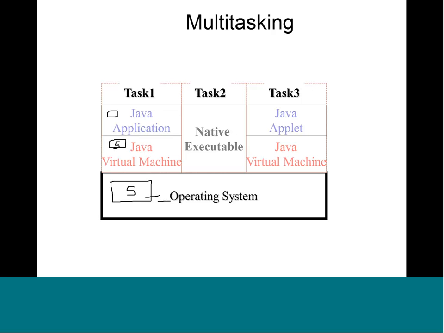So now the thing about the Java virtual machine is that when you try to start a task, you're at the mercy of this operating system. So generally, a process will have many tasks, and each one of those tasks will be registered with the operating system.